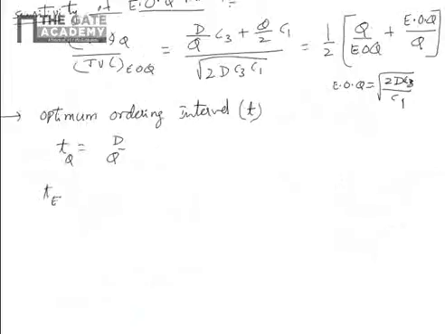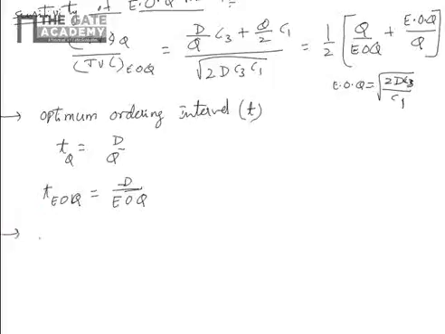T for EOQ equals D by EOQ. Optimum ordering interval is the interval between two orders.